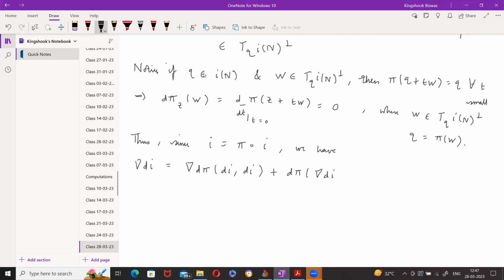This was the composition formula. But now this d pi of nabla di, as we've seen, is 0, because nabla di takes values in the orthogonal complement, and d pi maps the orthogonal complement to 0. Is this clear?